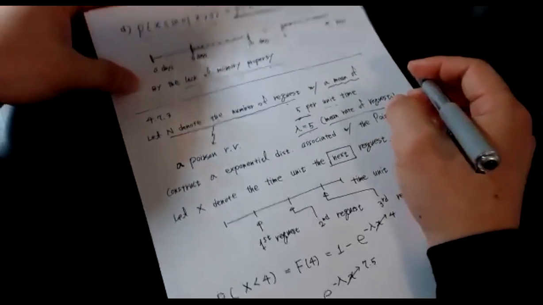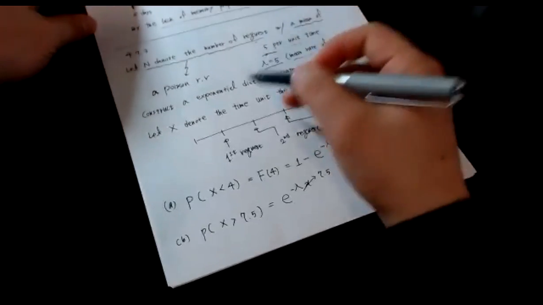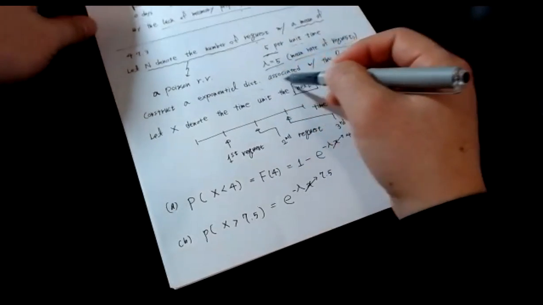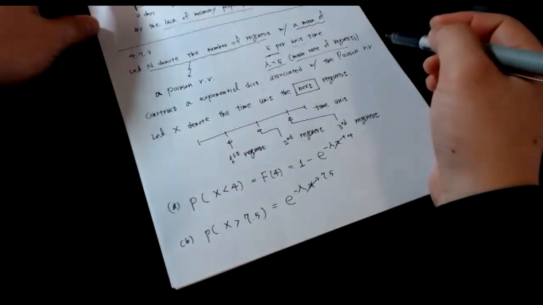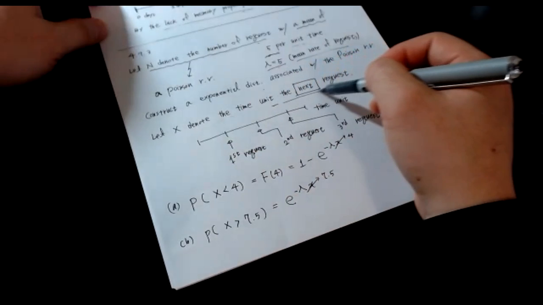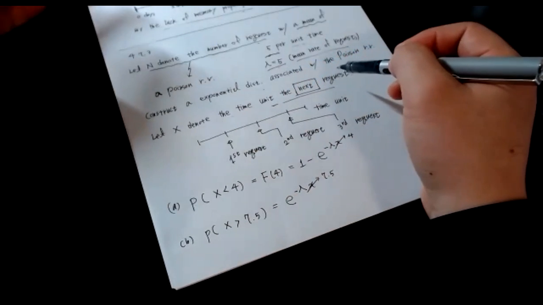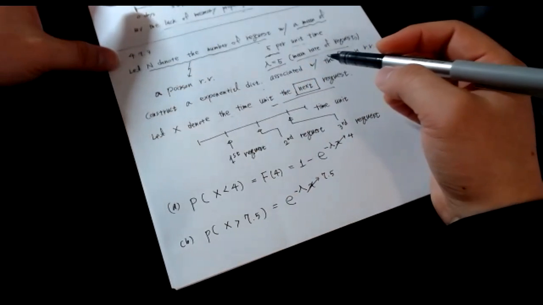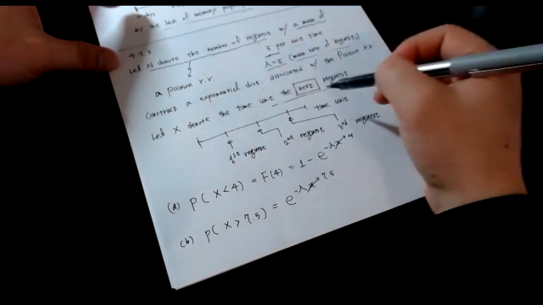Next, we're going to construct the exponential distribution associated with the Poisson random variable. Let X denote the time until the next request, actually the first request. Think about this. Here is a kind of timeline.